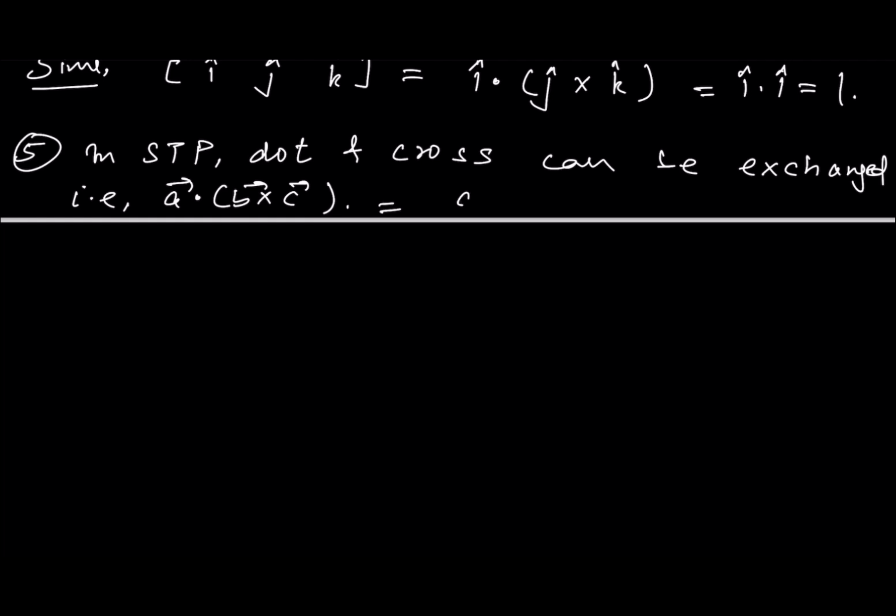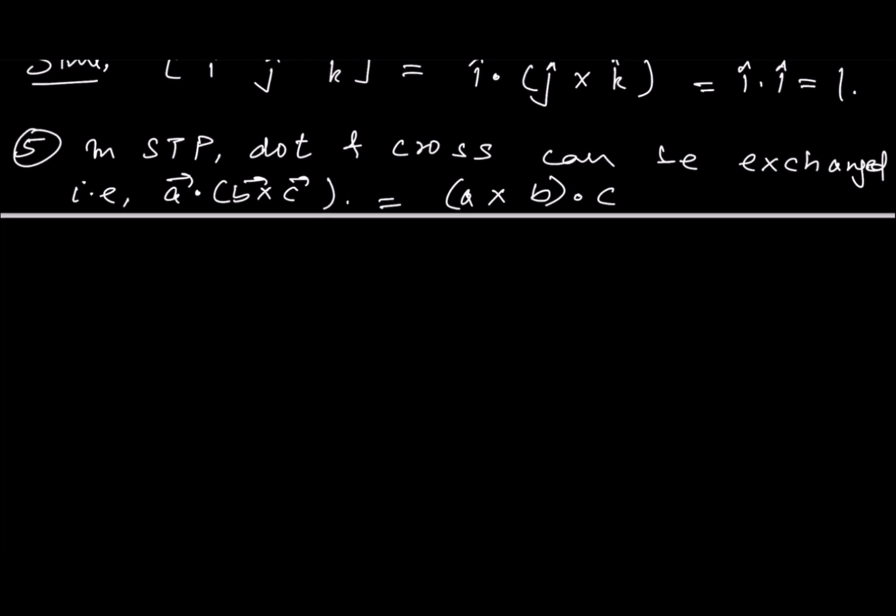So I can write A cross B dot C. Okay, because A cross B is a vector quantity, so I have to make a bracket on A and B. Because otherwise this thing is meaningless. If I write this, then it becomes meaningless. So I have to change the bracket also. So this can be written like this.